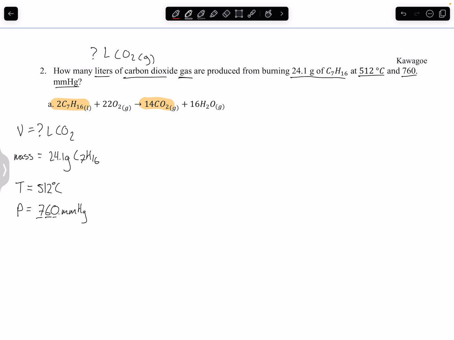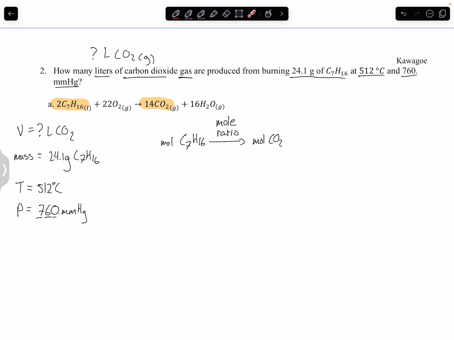So we know that we're going to need in the middle a mole ratio that will convert from C7H16 moles to moles of CO2.